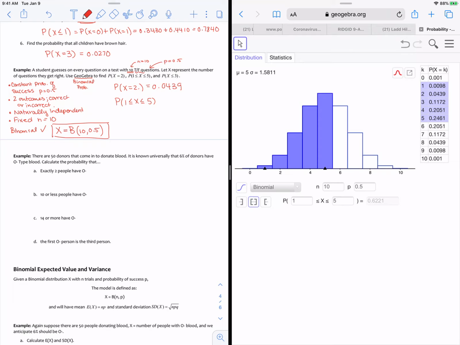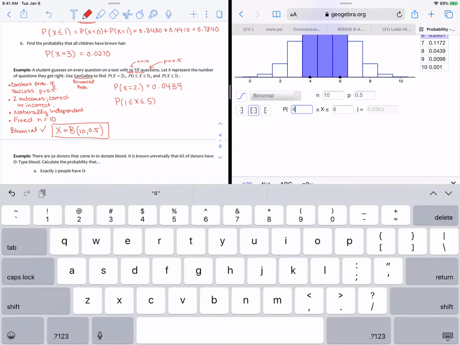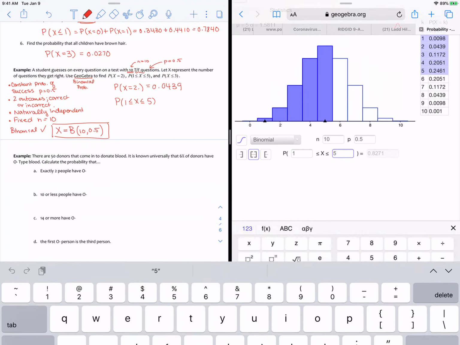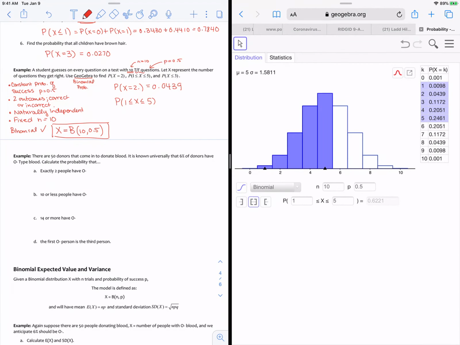Now I can do it that way, or a little easier is if you go down below where it says binomial, there's the less than, there's between, and there's greater than options. And I want to go to the between two things, and I want x to be between 1 and 5. So I'm basically setting up that same inequality that I had.